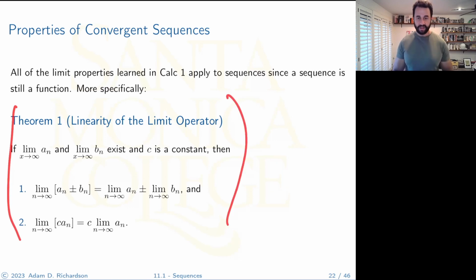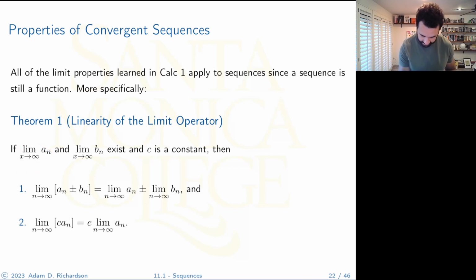This is everyone's favorite, linearity of the limit operator. If the limit as n goes to infinity of a sub n and the limit as n goes to infinity of b sub n both exist, then you can do this. We'll start with that part. So what this is saying is that as long as you know these individual limits exist, then if you want to do the limit of the sum or difference of those sequences, it's equal to the sum or difference of the two limits.